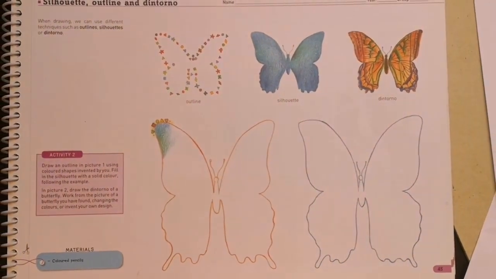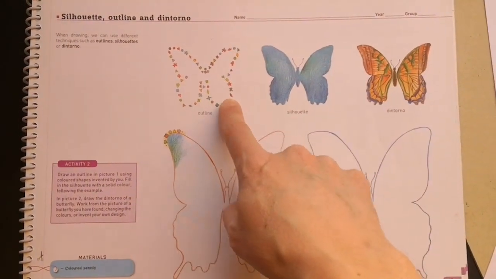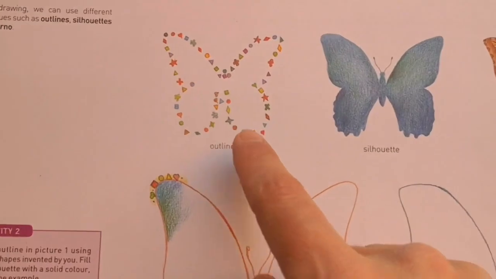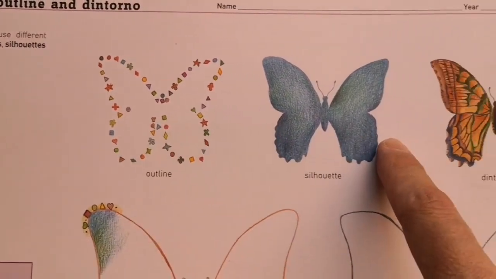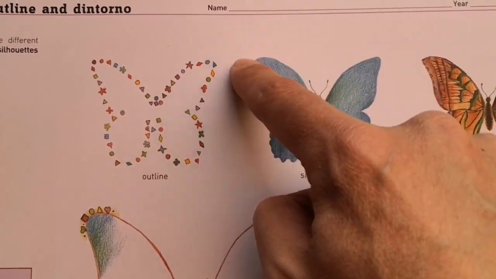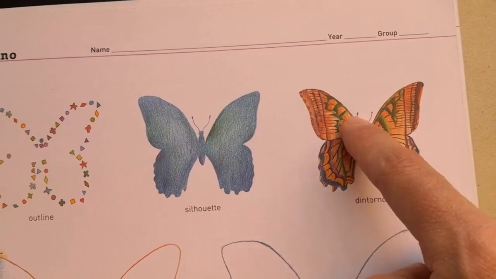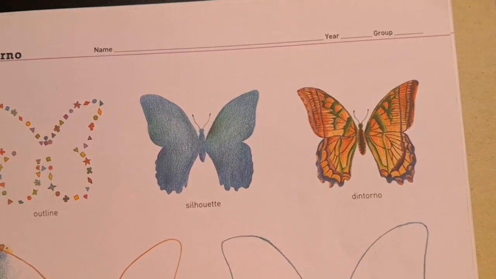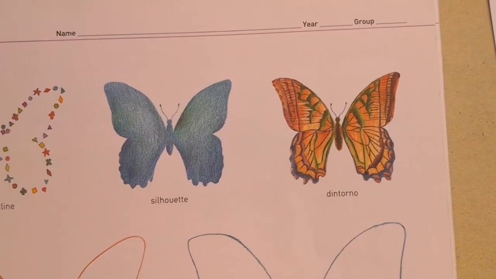So you have a butterfly designed in 3 different ways. This is the outline, as you can see in your books. The outline has been done with different elements. You have the silhouette with a simple straight color, and the dintorno with a more defined design inside the butterfly.